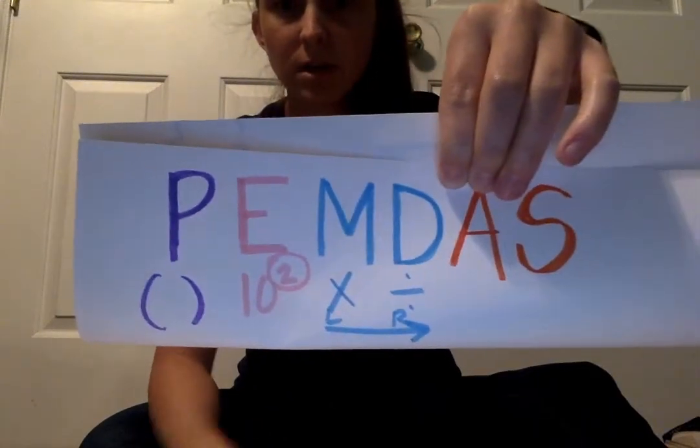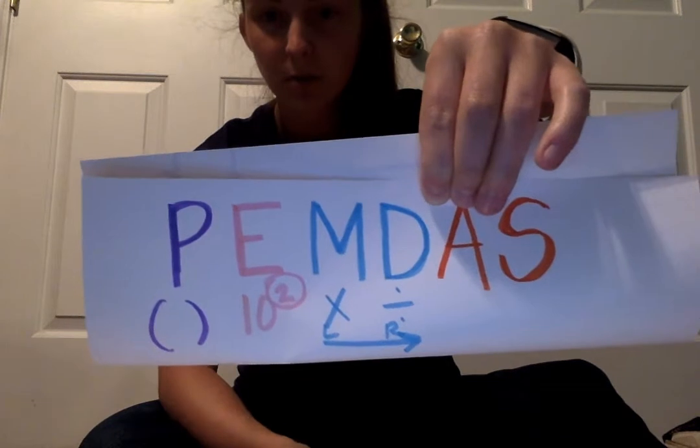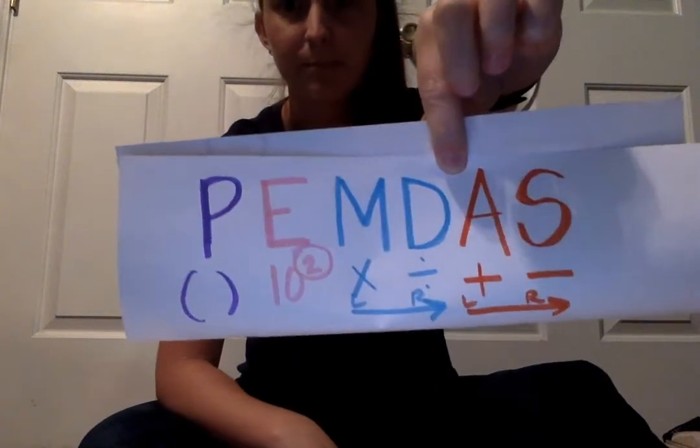We know that our M and our D, they stand for multiplication and division, and we know that it's whichever one comes first when you read it from left to right. So multiplication and division, and depending upon which one comes first in the problem when you're reading it is the one that you do. And last but not least, the A and the S stand for addition and subtraction. And again, it's whichever one comes first when you read the problem from left to right. So it looks like that.